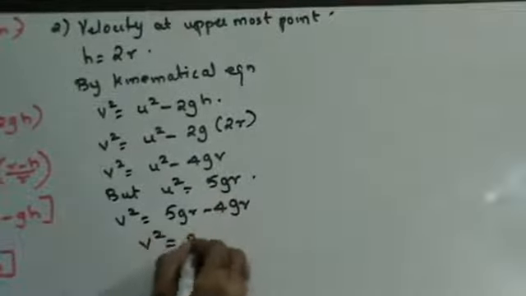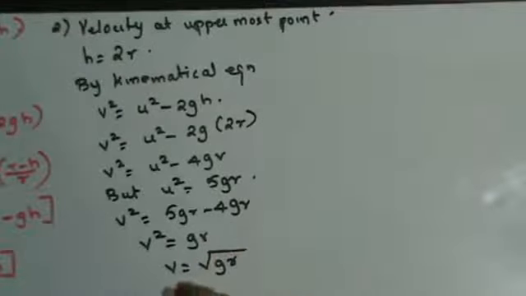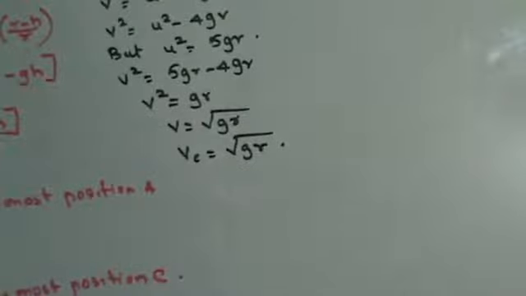V square is equal to gr. So v is equal to square root of gr. So velocity at point C is going to be square root of gr. That's the velocity of the body at the highest point, and this velocity is also called the critical velocity. That's the minimum velocity that the body should possess so that the body completes a circle. Otherwise, the string will slacken and the body will straight fall down.